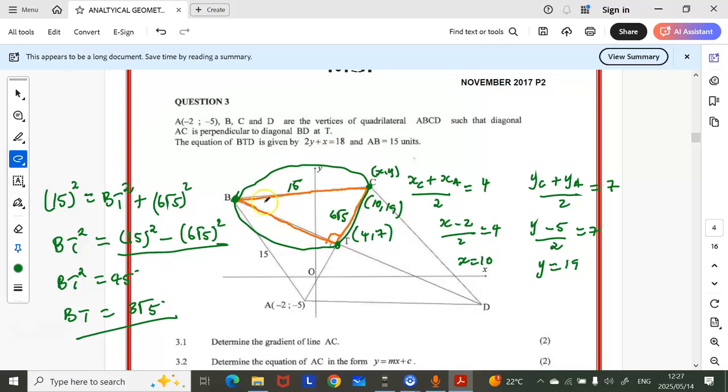If we've got a circle passing through BTC, then this line is acting as a diameter because it subtends an angle of 90 degrees. Then if this one is a diameter, we can say BC equals 15 units. It's a diameter, right? Therefore our radius is half of 15, which is 7.5.